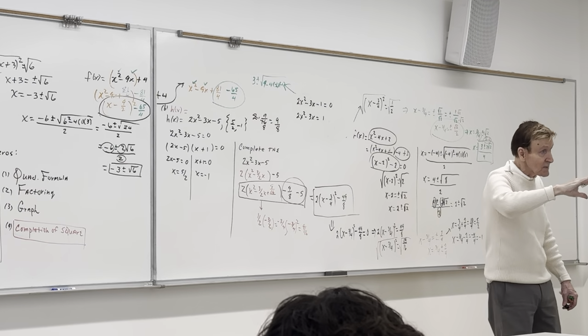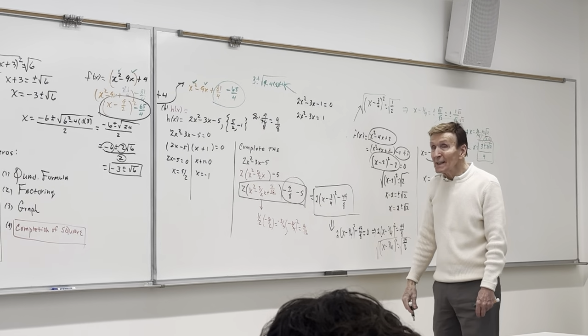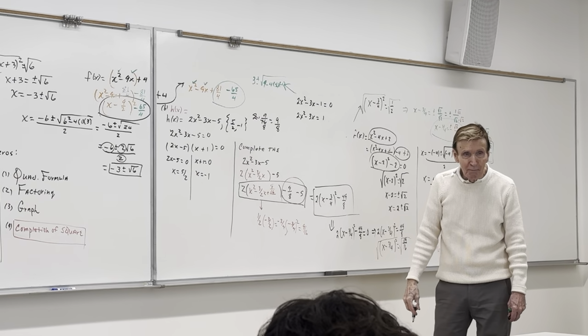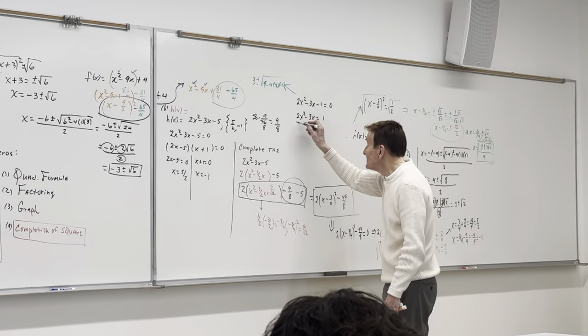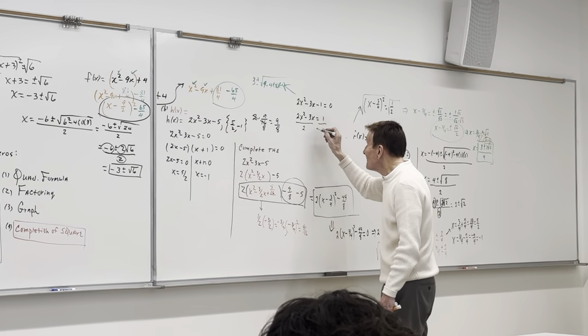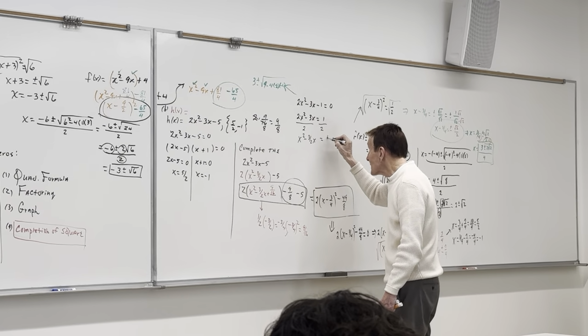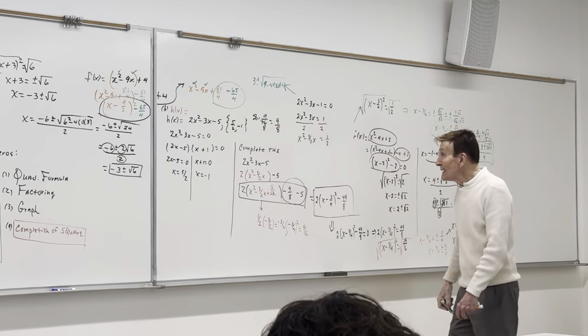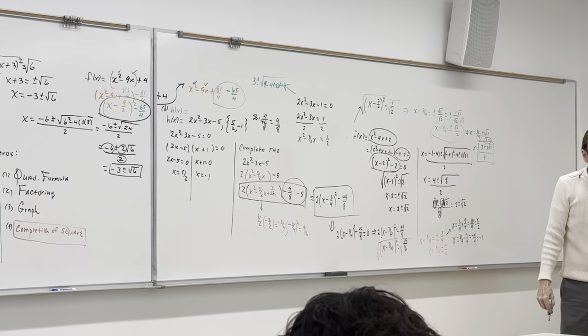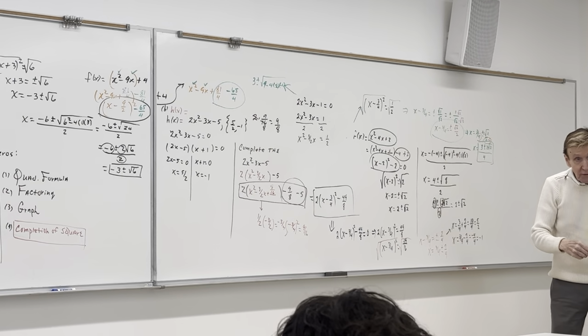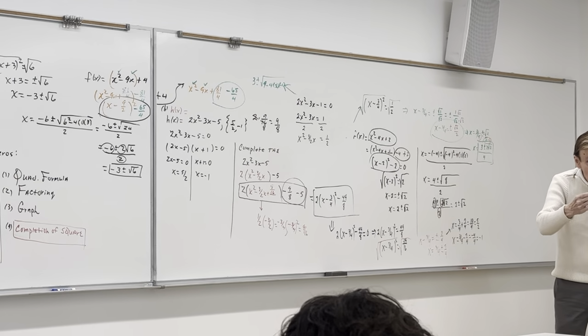Now, the leading coefficient is going to be a 1, so divide everything by 2, you're going to end up with this at this point. Everyone agree? Then what you could do is say, I've got to complete the square, the leading coefficient is 1.